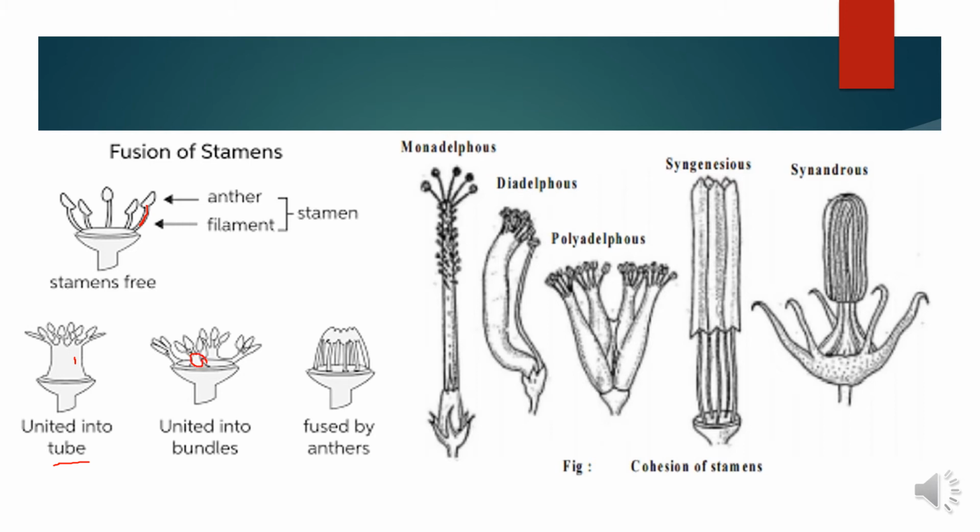In this way we see a group of filaments, where few of the filaments form several tubes. That is, here three filaments form a single tube. So this is the type of attachment of the filament region.